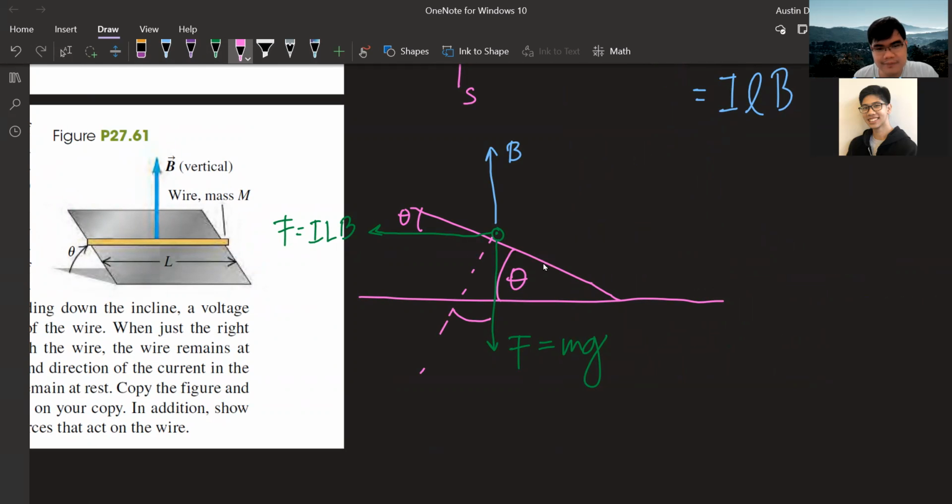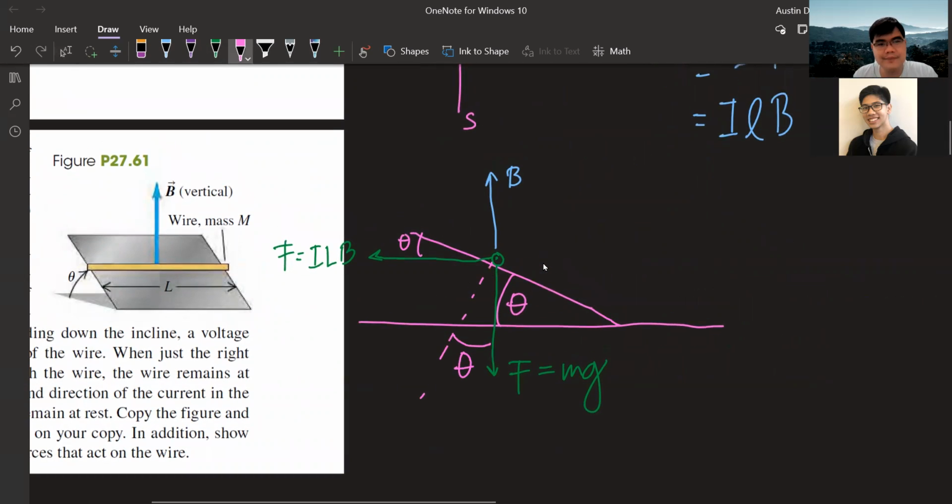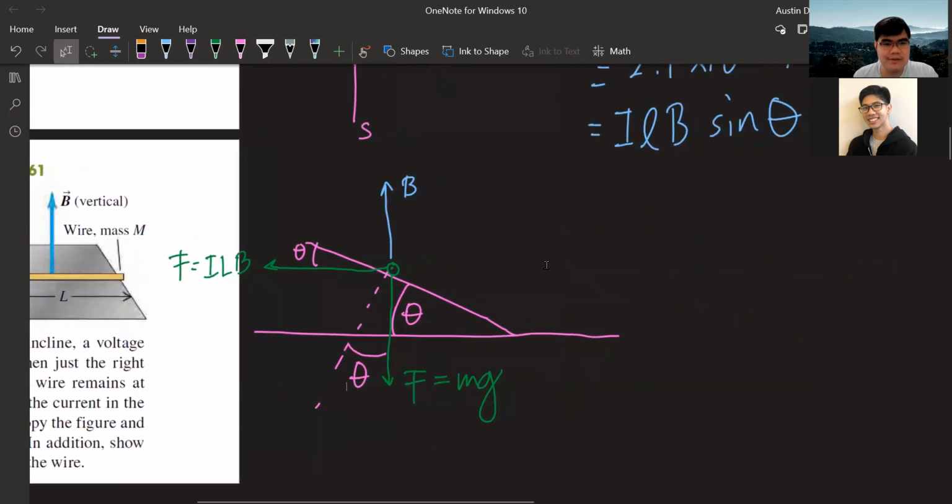Okay, this is also theta. Okay. So, gusto natin kunin yung parts ng force that will go through here. Ay, sorry. And go through there. Para alam natin kung sino nagkokontrahan. Okay.